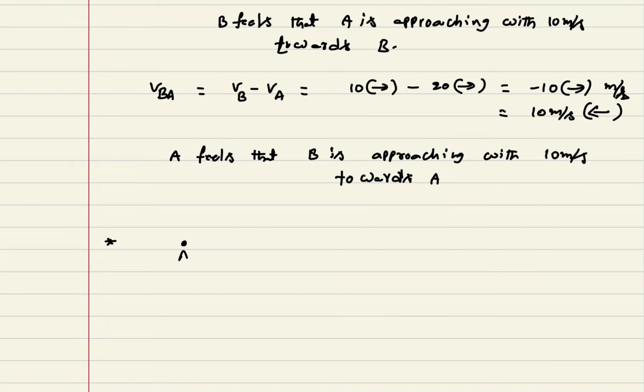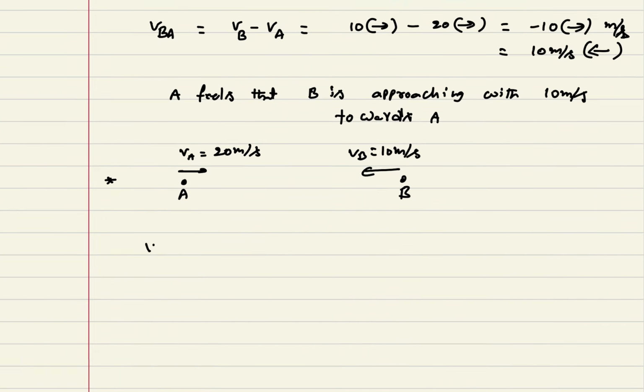Next case, I will give one more thing here. If they are moving in opposite directions, VA is equal to 20 meter per second and B is moving with 10 meter per second. Both are moving in opposite directions. In this case, velocity of A with respect to B is velocity of A minus velocity of B. Velocity of A is 20 meter per second right side, minus velocity of B, which is 10 meter per second left side.